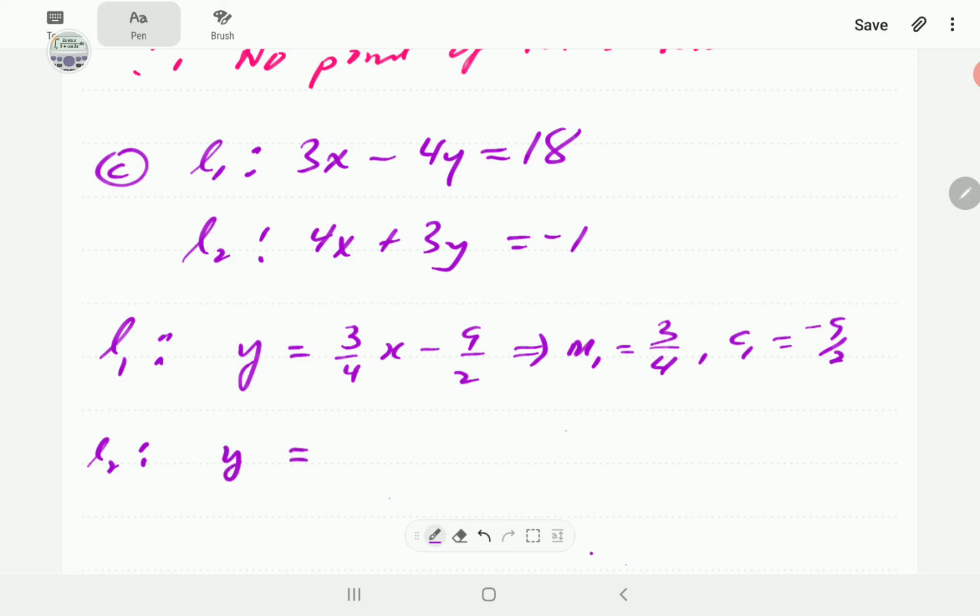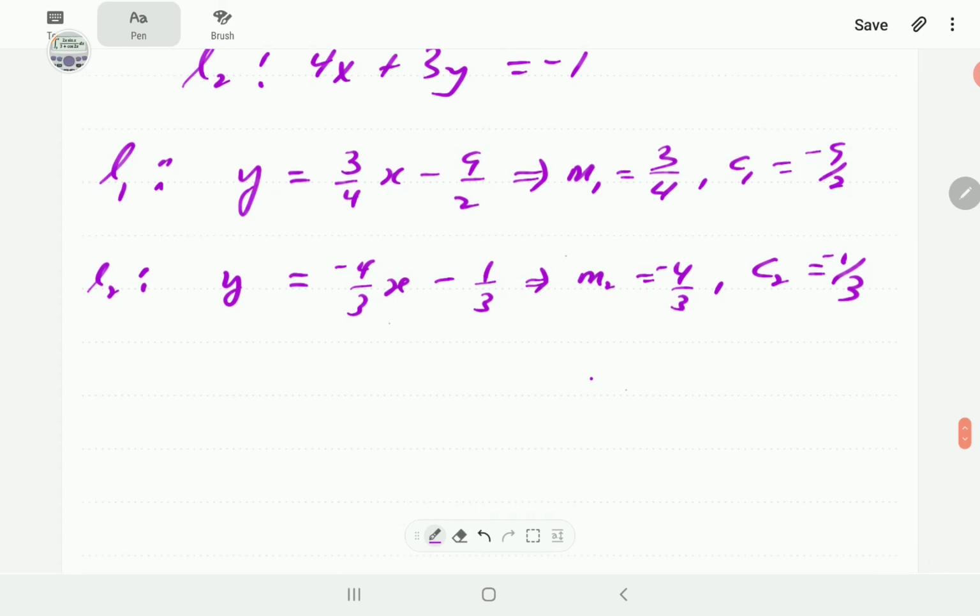L2, make y the subject of the formula there. It's going to be minus 4/3 x minus 1 over 3. So that tells us that M2 is minus 4/3 and C2 is minus 1/3.